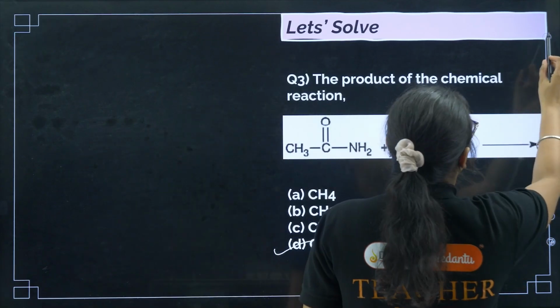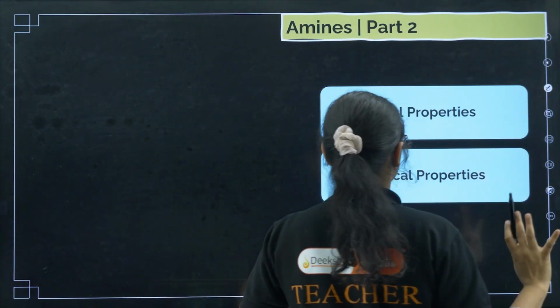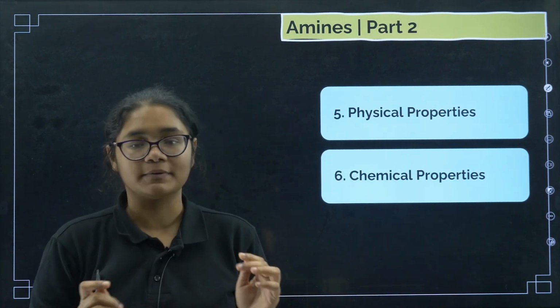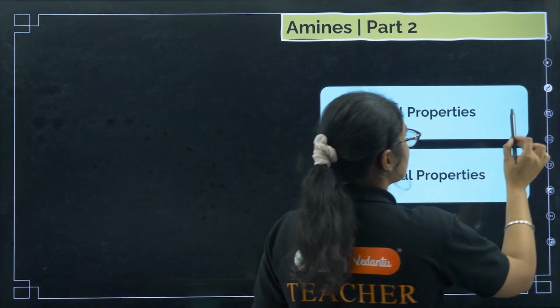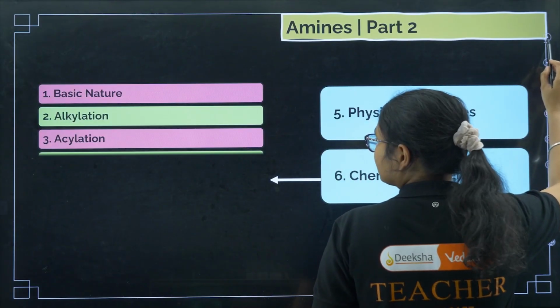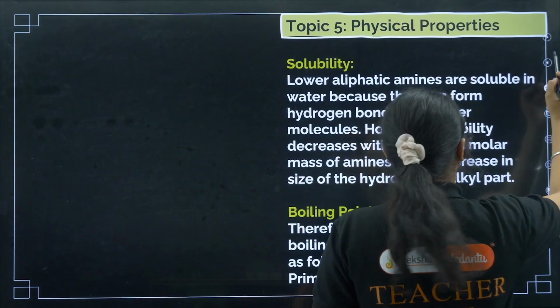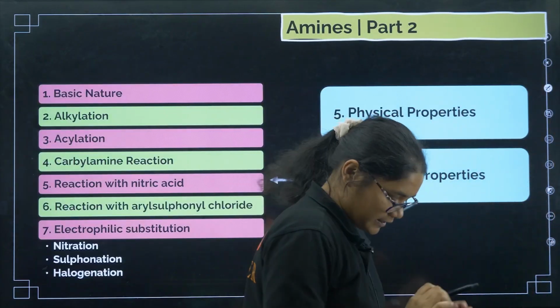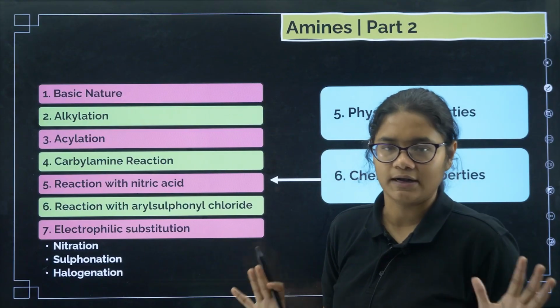Okay. Next we have amines part 2, where we are going to discuss the physical properties and chemical properties. Under physical properties, we'll be talking about solubility, basicity and so on.